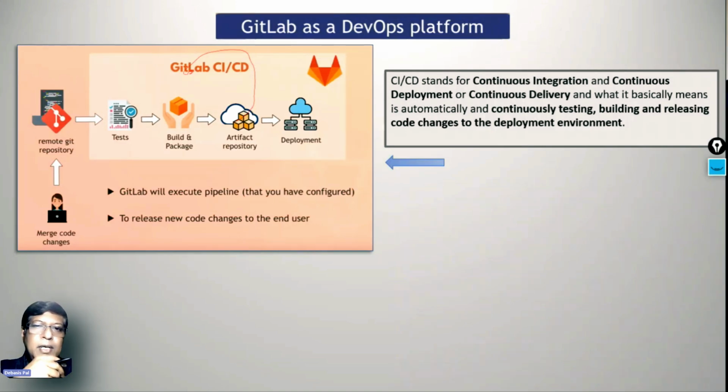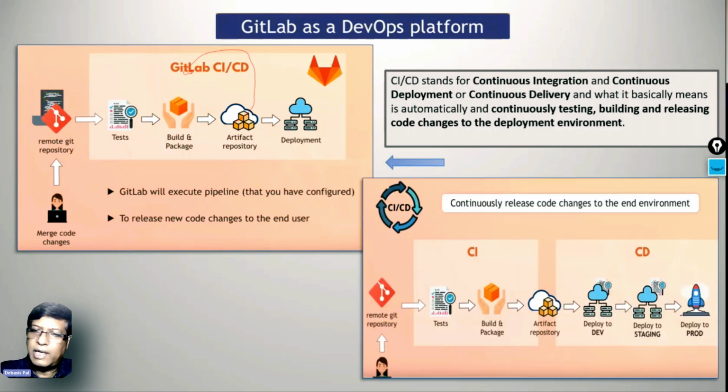And see, there will be stages of your delivery. I will not directly deploy it to production. There will be an approval process. Approval process means there will be a UAT, user acceptance testing, and all those things, but everything will be automated.